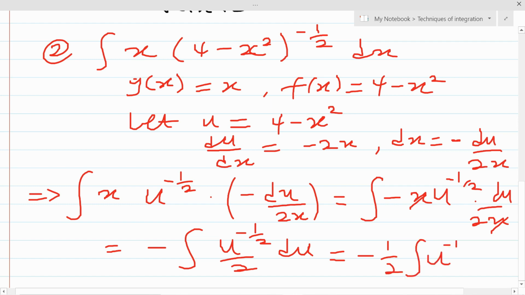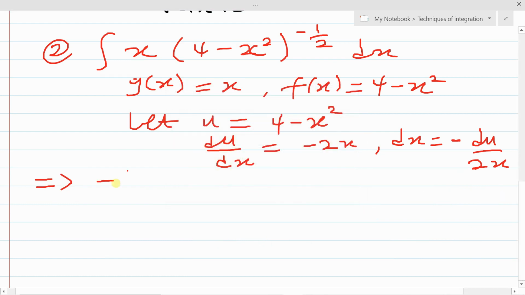I hope you could understand this. It's like u to the power negative half over 2 is the same as 1 over 2 times u to the power negative half. Now I can put the 1 over 2 out, so that we can get a simplified form of our integral. So let me clean some parts and continue with the integration.